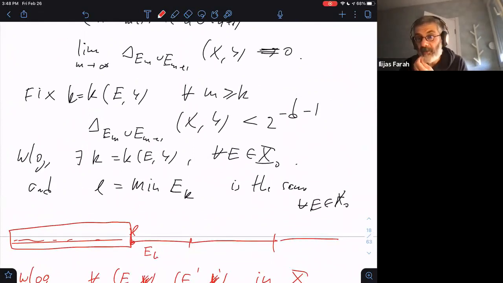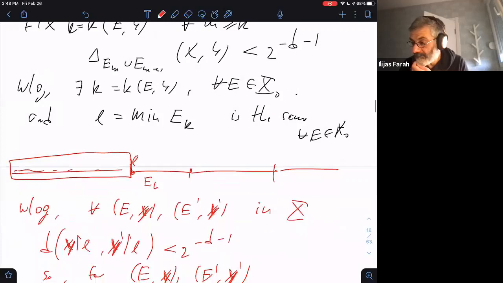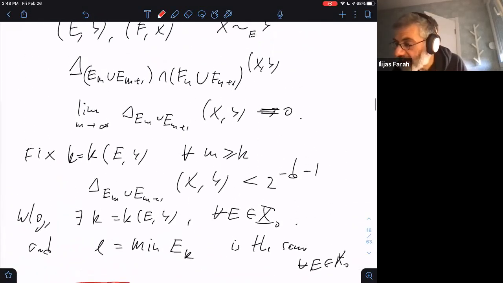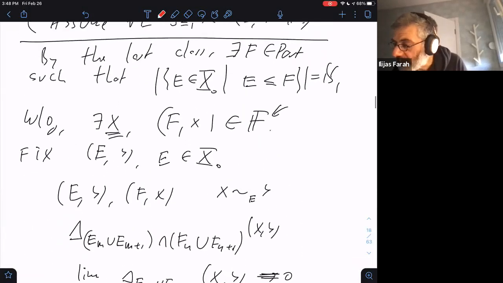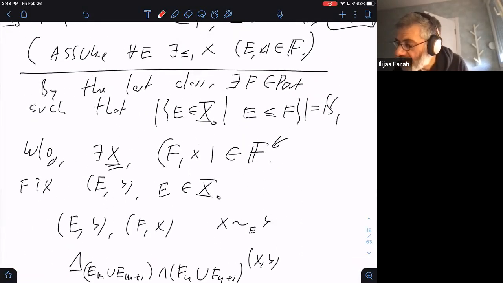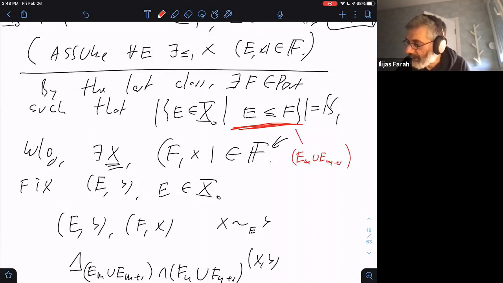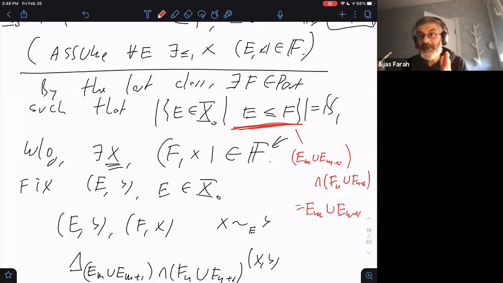All right, so the key point was that we have this coherent family, and once this element bounds all of these... Maybe I didn't make this point sufficiently clear. Let me go back to this. You see, E is less or equal than F. What this means is that EM union EM plus 1 intersected with Fn union Fn plus 1 is really equal to EM union EM plus 1, because you can choose n so that this is included.